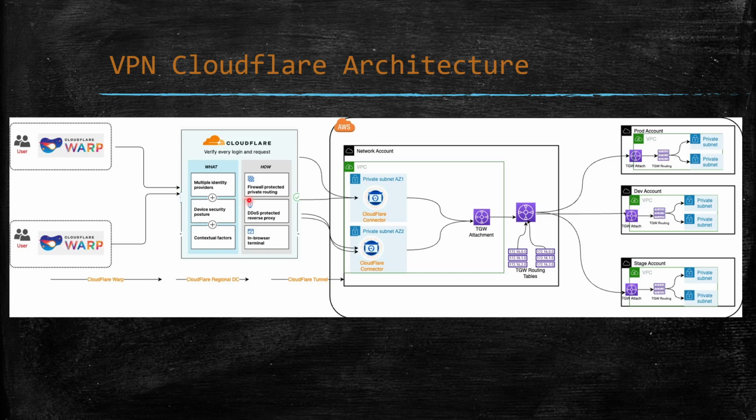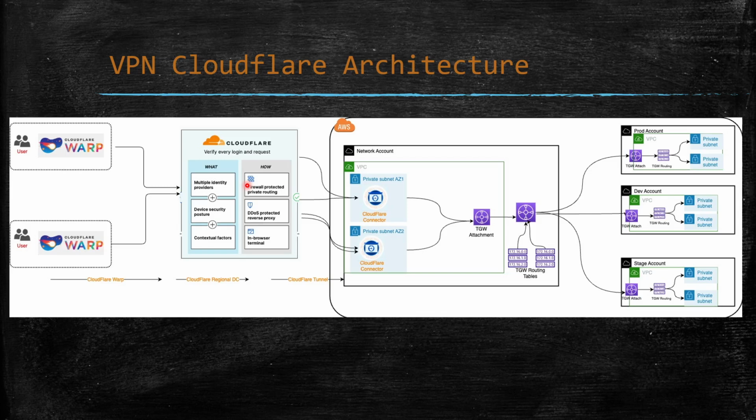They will protect all your layers, and they have an authentication layer, device security posture, multi-factor authentication, firewall protection, and DDoS protection. So the communication of the client to the Cloudflare DC has to go through all these layers.